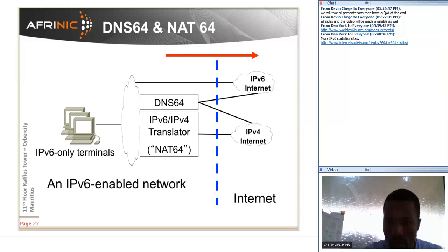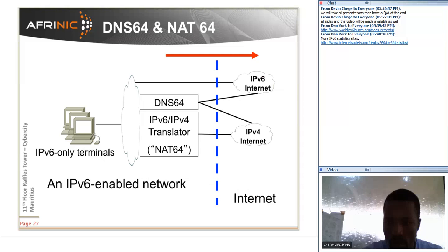So examples are DNS64 and NAT64. Let's say you have an IPv6 only network. If you're going to an IPv6 internet network that supports IPv6, then your packets go out, there's no problem with that.